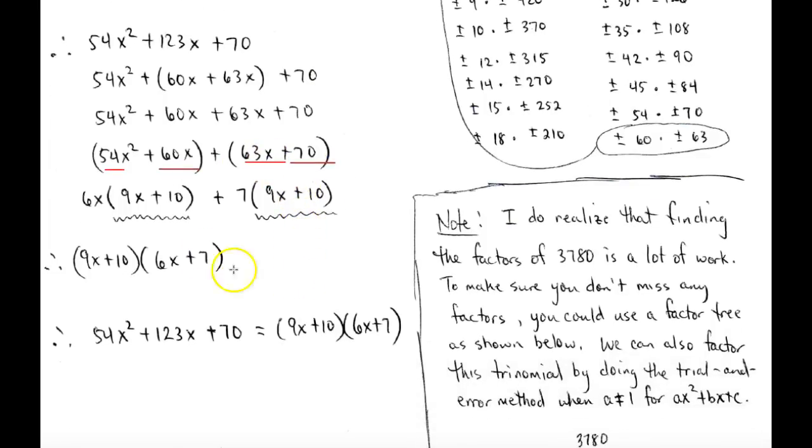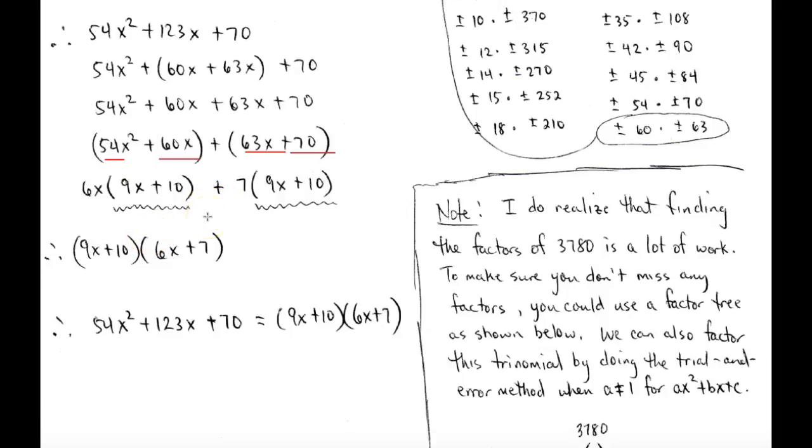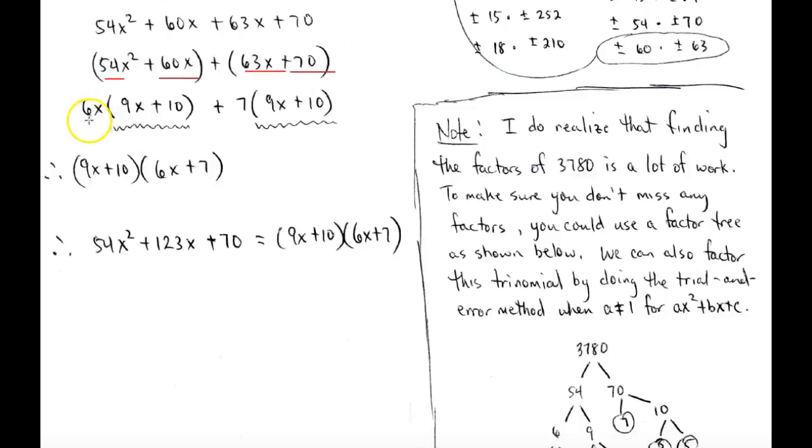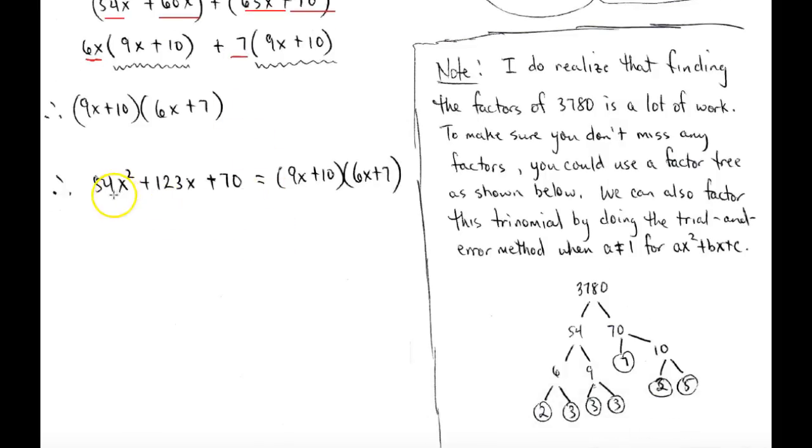And if you notice, they have a 9x plus 10 inside the parentheses for both of them. So we factor out 9x plus 10, and we have 6x left in the first term and a 7 left in the second. So our expression factors to be 9x plus 10 times 6x plus 7.